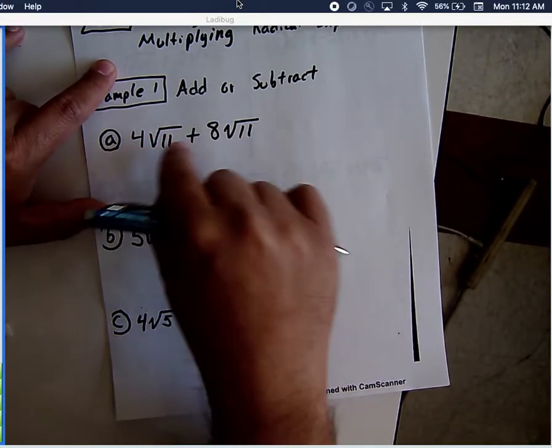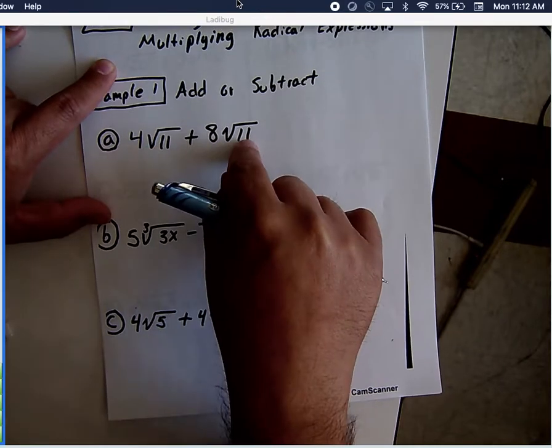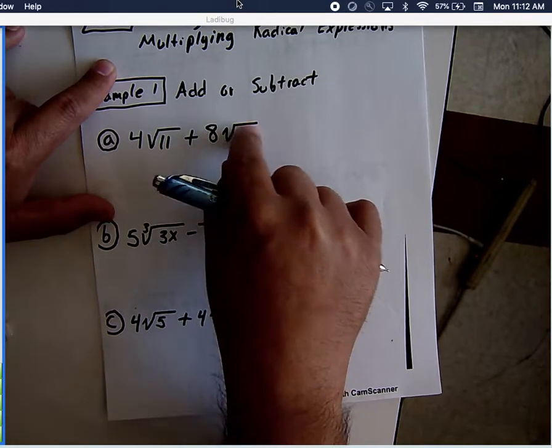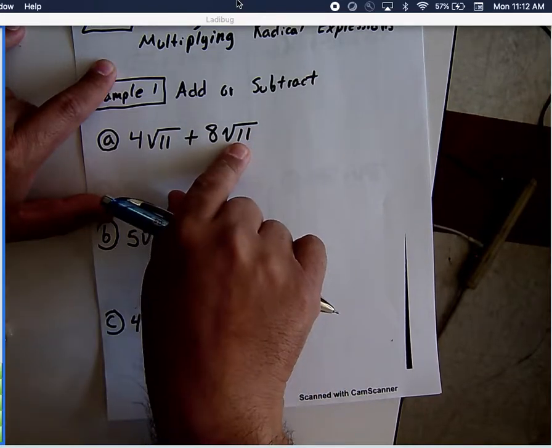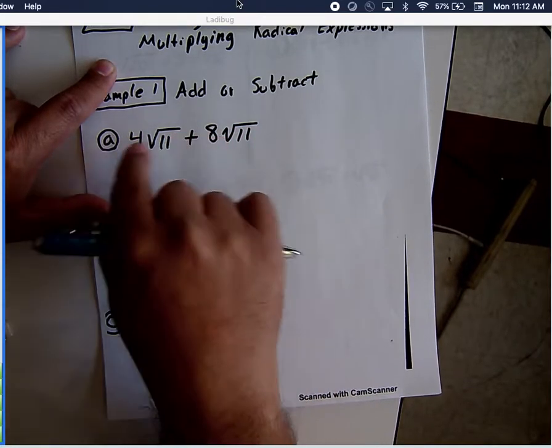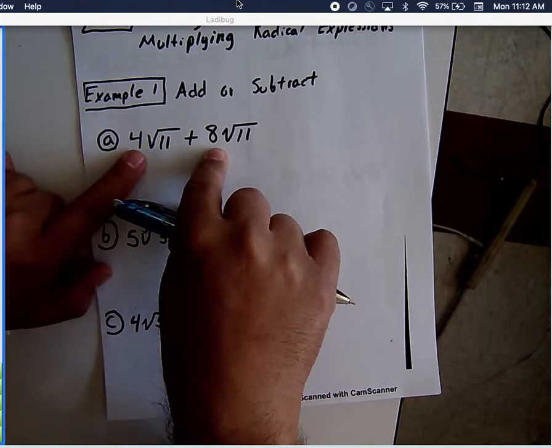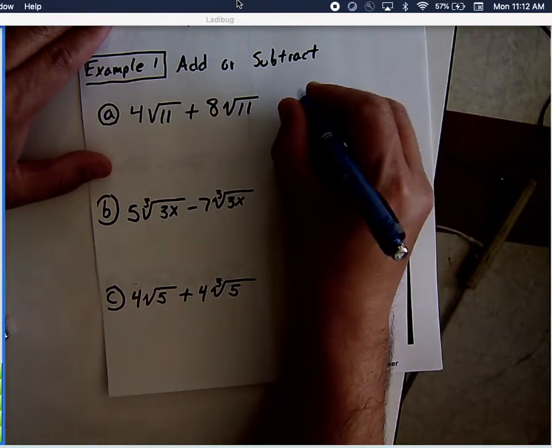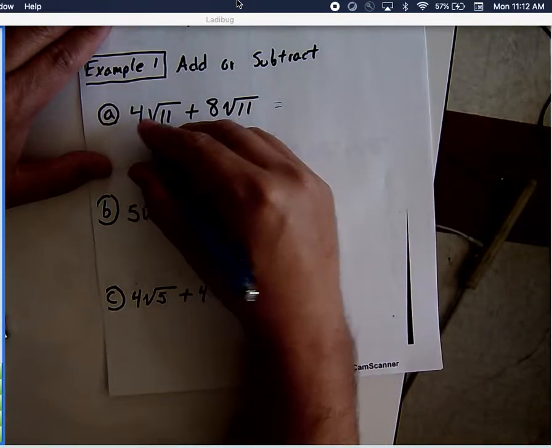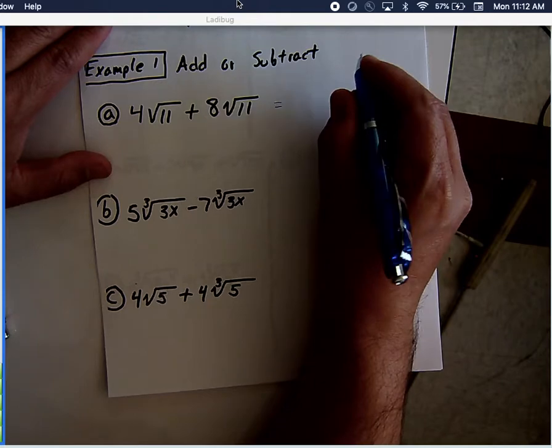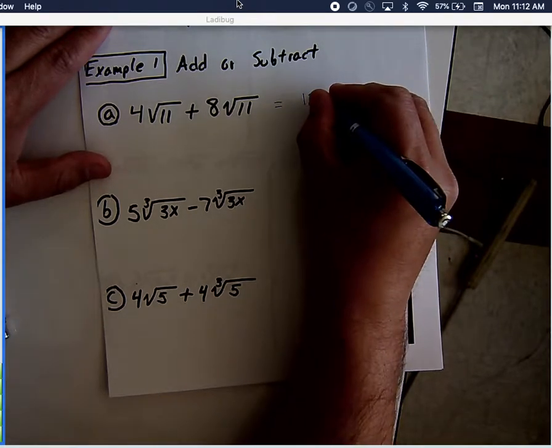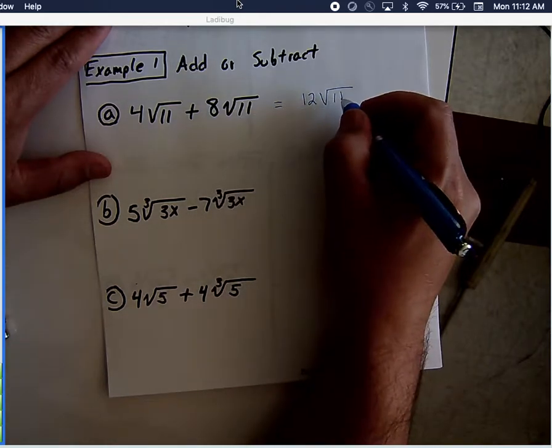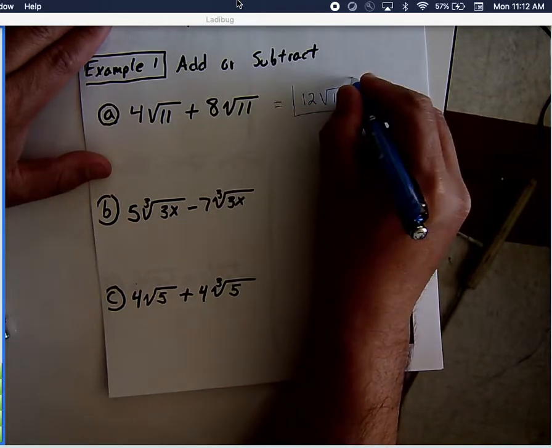Once you know that they have the same radical, now you can combine the coefficients. So for this it would just be 4 plus 8, which is 12 square root of 11. Square root of 11 cannot be simplified any further, so that would be the answer for that one.